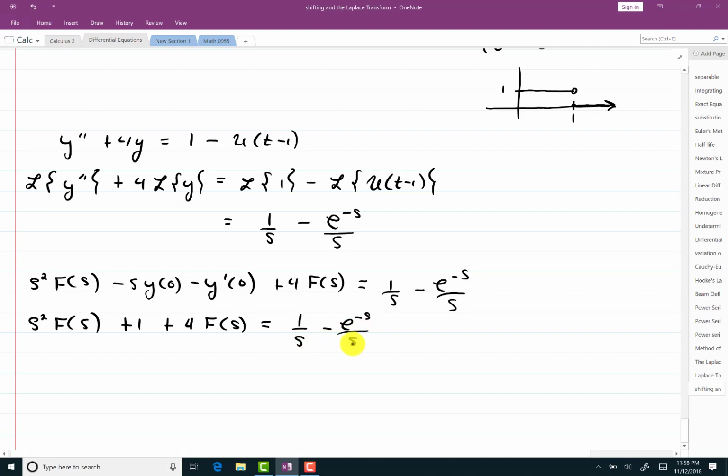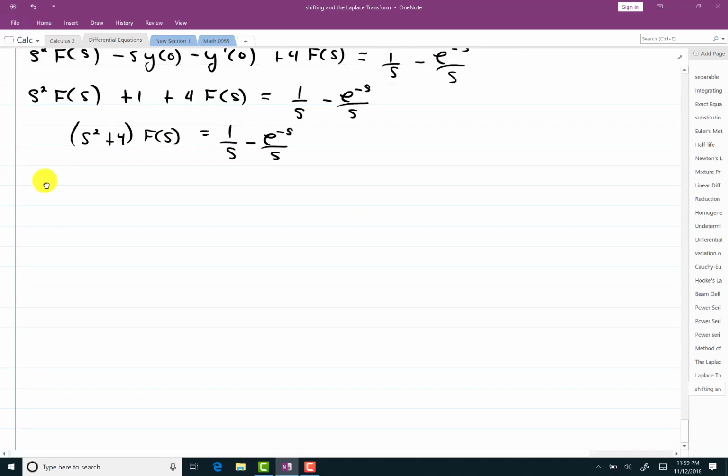Let me subtract 1 and at the same time factor out an s squared plus 4. So I'll have s squared plus 4 times F of s equals 1 over s minus e to the negative s over s. And then I think I'm going to divide by s squared plus 4.